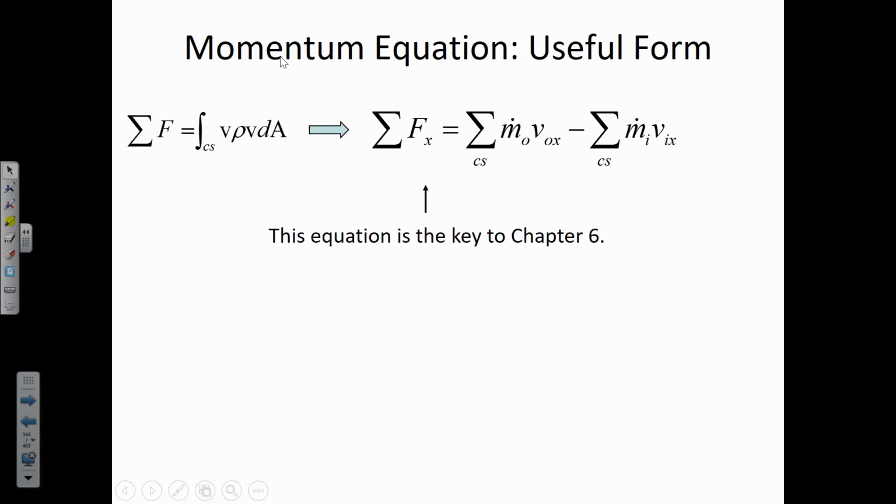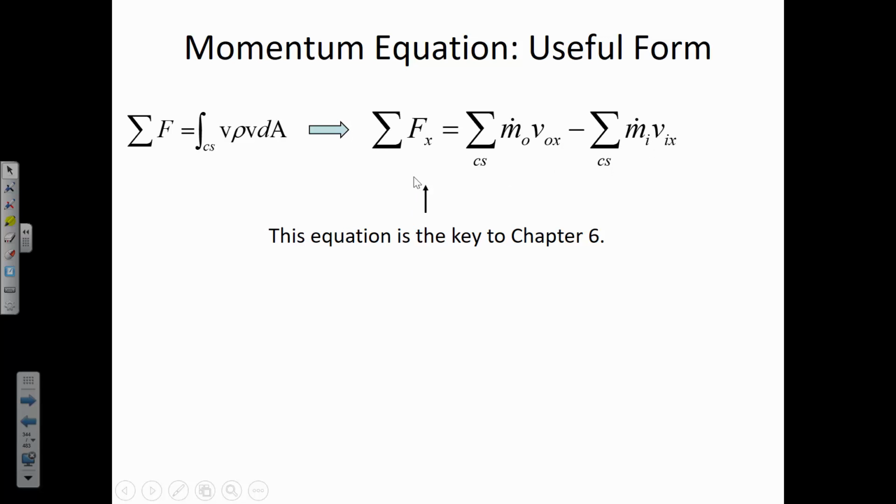So this is showing that what we're saying for the sum of the forces is, if we're working in the x direction, for instance, then the sum of the forces in the x direction are related to the flow out through the control surfaces multiplied by the velocity out in the x direction, minus the flow in through the control surfaces and the velocity in the x direction.